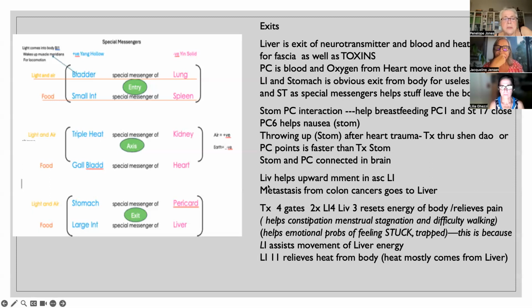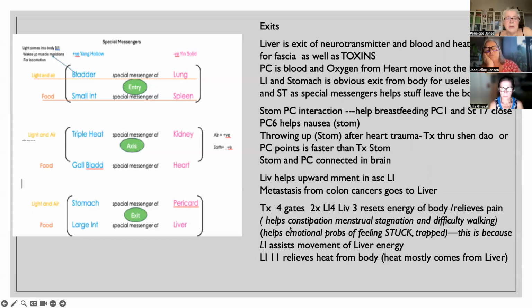So the liver also helps with the upward movement in the ascending colon. So you know it has to go up and across and down, and it helps with that ascending. And metastases from the colon cancer often go to the liver.